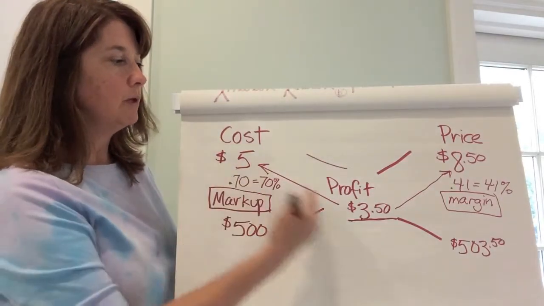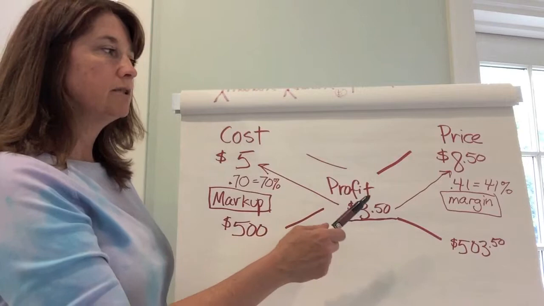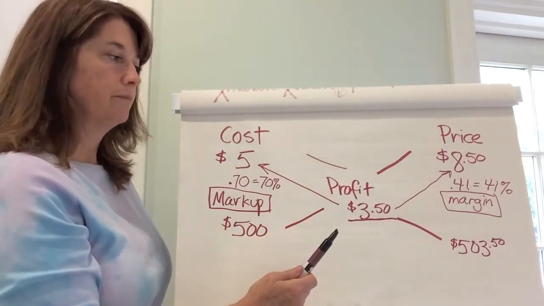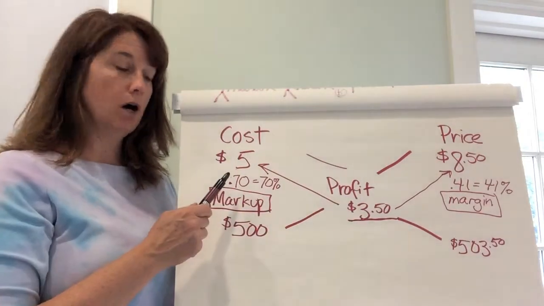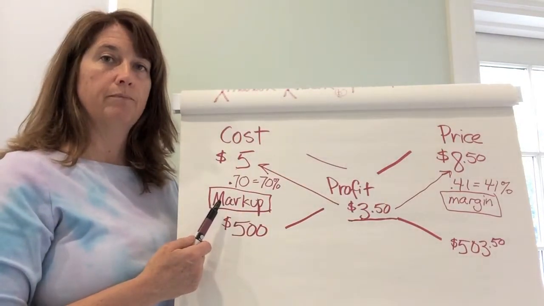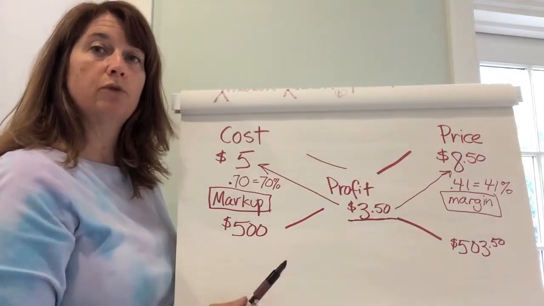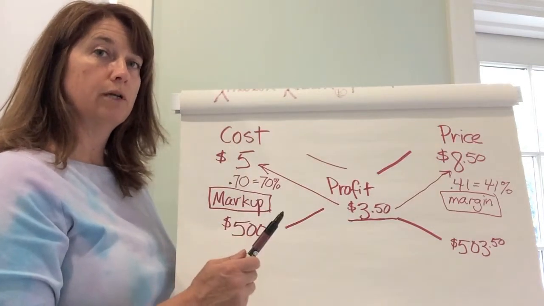So it's really important that you understand this one basic fact. Your profit dollars are the difference between your cost and your price. Your profit dollars expressed as a percentage of cost is your markup. Your profit dollars expressed as a percentage of your price is your margin or your gross profit margin.